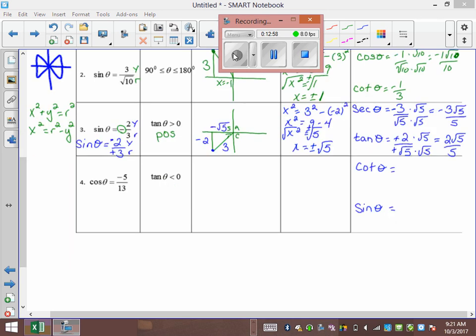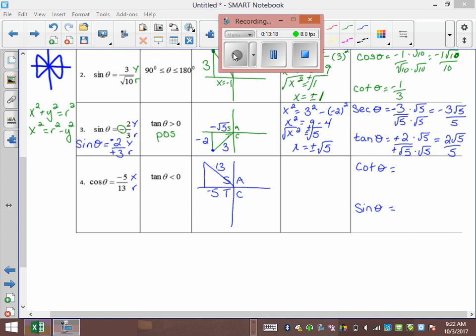Okay. We need where cos is negative and where tan is negative. So cos is negative in quadrants 2 and 3, whereas tan is only negative out of those two quadrants in quadrant 2. Cook extra rice, so negative 5 and 13.